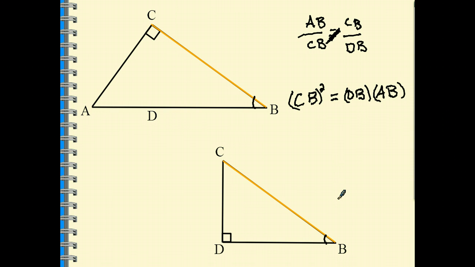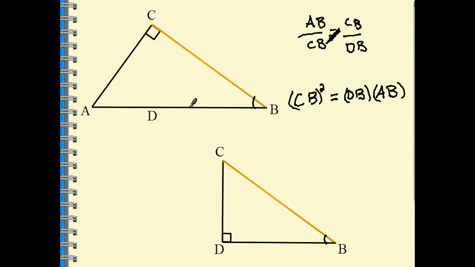What we're seeing here is that the leg of the triangle, that leg squared, is equal to the leg's projection onto the hypotenuse times the hypotenuse.